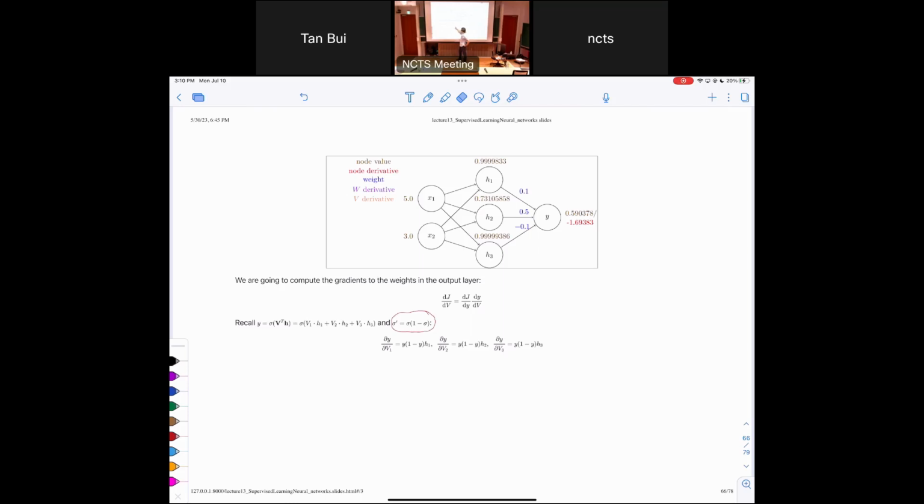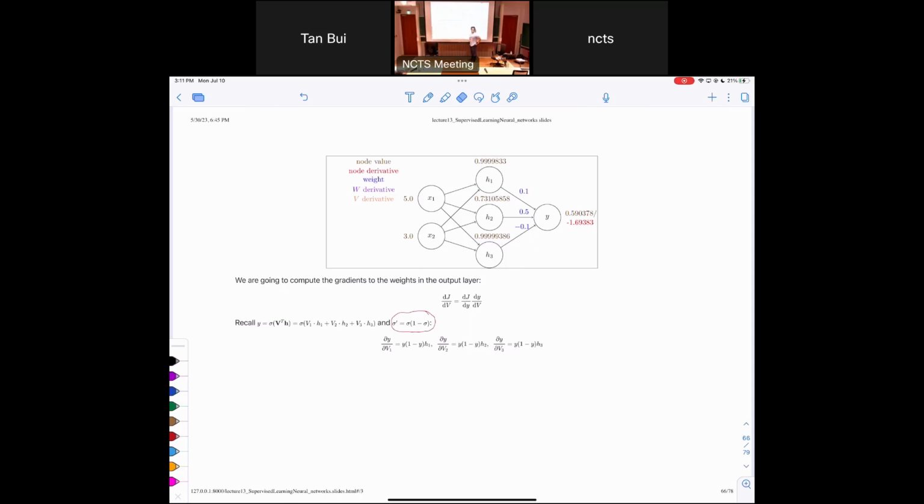And of course, in order to calculate the derivative, you need the chain rule here. The derivative with respect to sigmoid, and then the derivative of sigmoid with respect to V1 and H1, which is here. Everybody see that? Chain rule. Same thing for dy dv2, and then dy dv3.